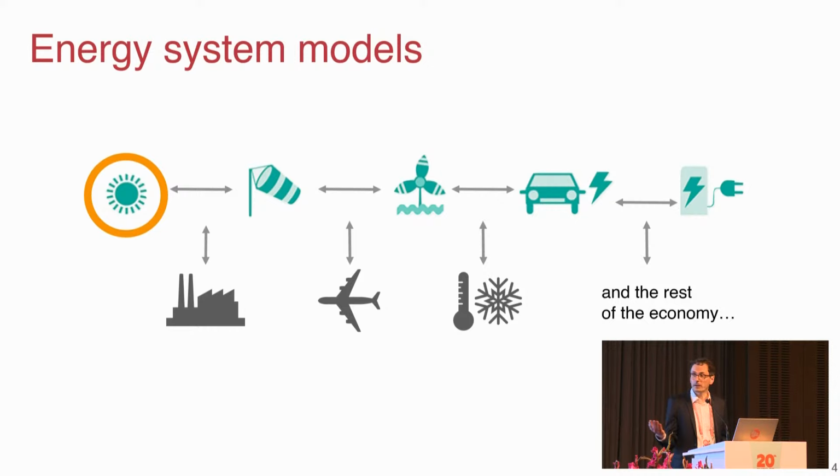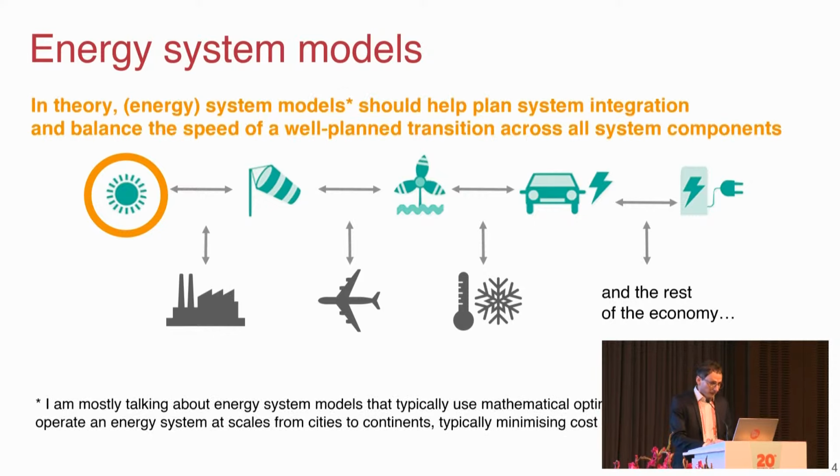We also heard this in yesterday's keynote. So this problem, the transition to renewables, is accelerating, but it's often accelerating in a disjointed, unorganized way. It's managed project by project, not in an integrated fashion. Now, energy system models, in theory, should actually help us do this in a more coordinated way.